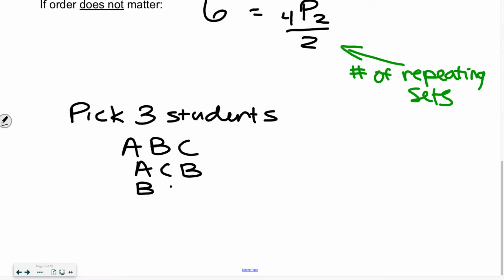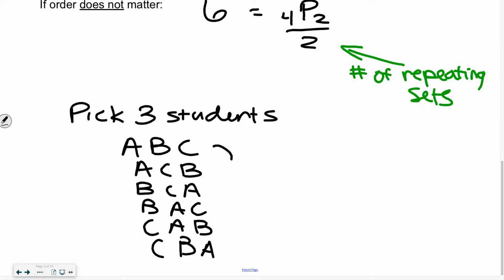ACB, BCA, BAC, CAB, CBA. Yeah, there's 6. So if I pick 3, instead of having 2 repeating sets, I have 6 repeating sets. And where that 6 is coming from is 3 factorial.